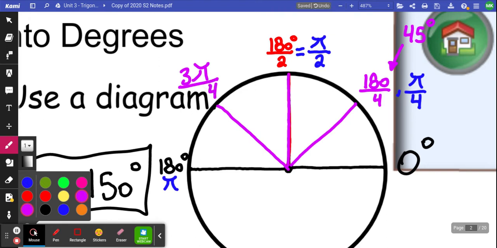If you talked about it in degrees, that would be 45 degrees plus another 45 degrees is 90, plus another 45 degrees is 135. So if you wanted to talk degrees, you still could.